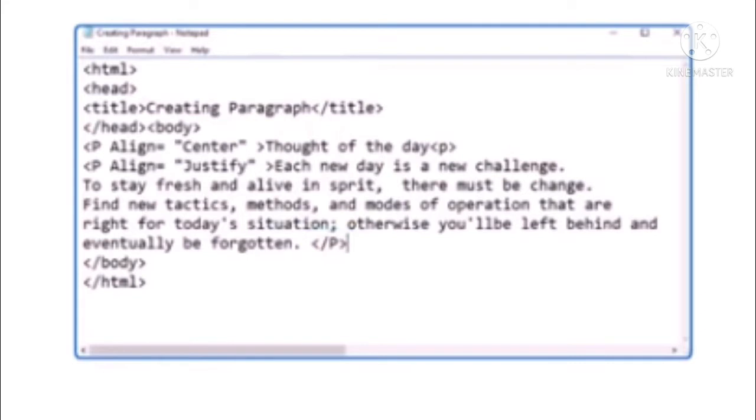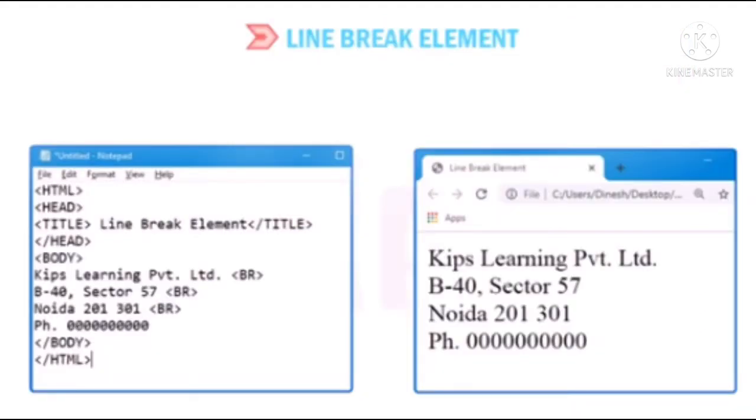And the next one is the line break element. It splits the line and displays the text on a new line. For that we use BR. It is like the enter key on a keyboard. When you type a line, it will go to the next line if you put this line break element after that line. Here you can see how we use it.